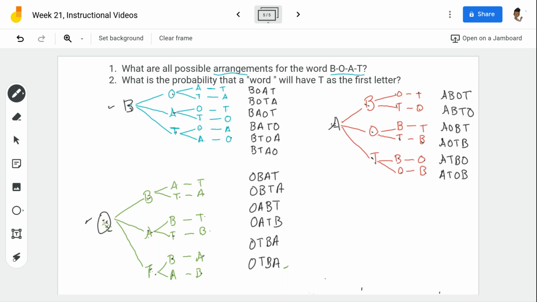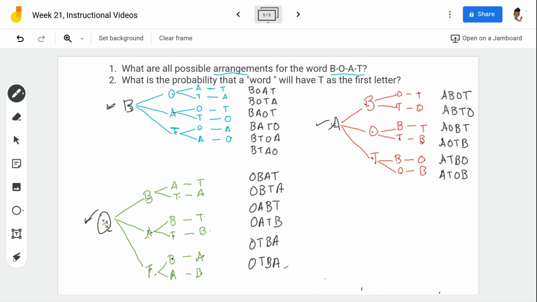Alrighty. So it would be nice if I'm done, but I'm not, because I've begun my words with a B, an O, and an A. Well, what about a T?